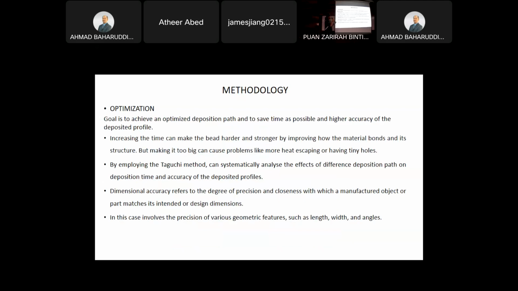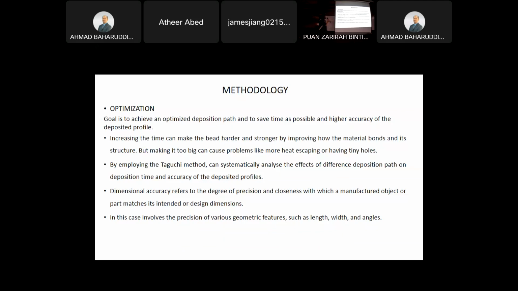But improving the material bond and its structure can cause a big problem too, because from the bead you can see tiny holes; if the bead is bigger, there are tiny holes, so it can influence the structure itself. So by employing this method, I can systematically analyze the effect of different deposition paths on different deposition patterns and also the deposited profile.